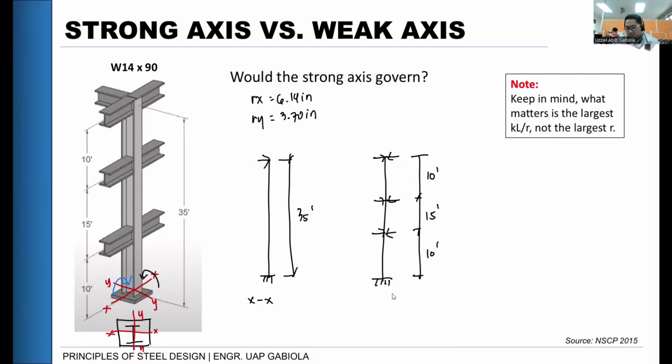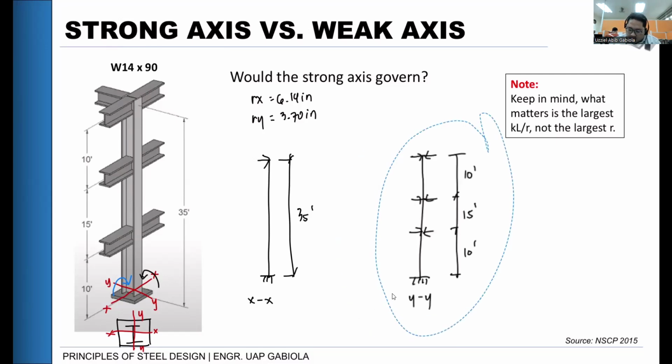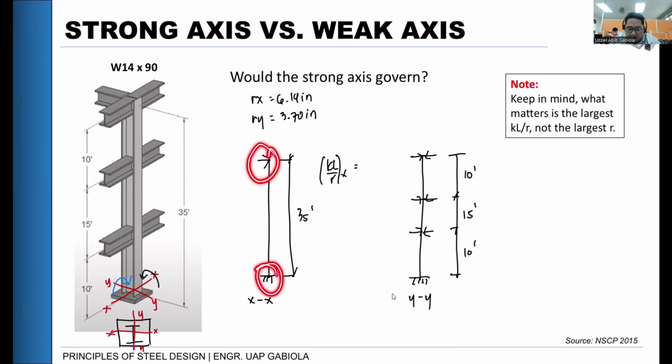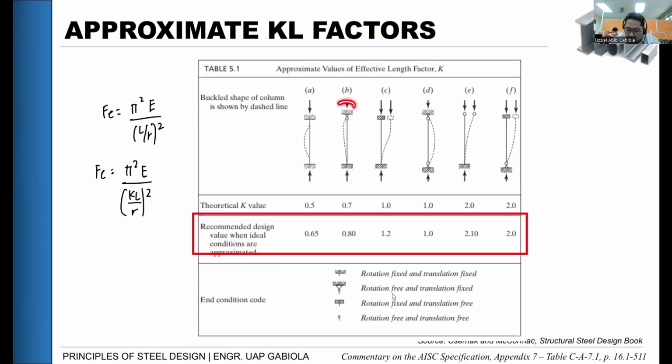Okay? So calculate natin ngayon yung mga KL over R kada axis natin. KL over R nung X. So this is pin, this is fix. Tingnan natin doon sa table, ang pin fix, that is 0.8 yung value niya.